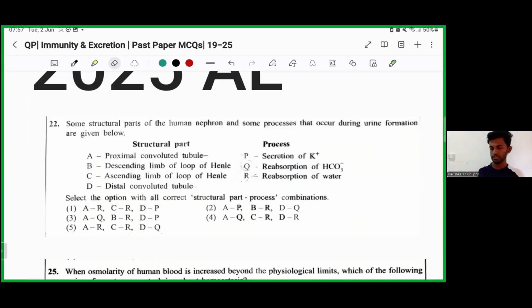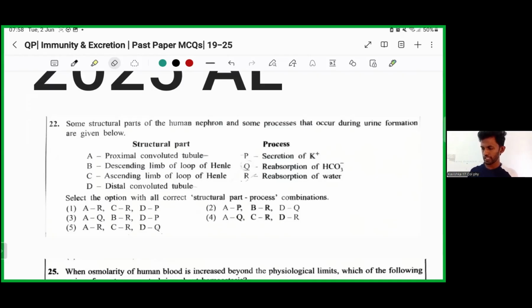The proximal convoluted tubule is doing multiple things actually: reabsorption of water, bicarbonate, amino acids, glucose. But according to this question, just read the answers.